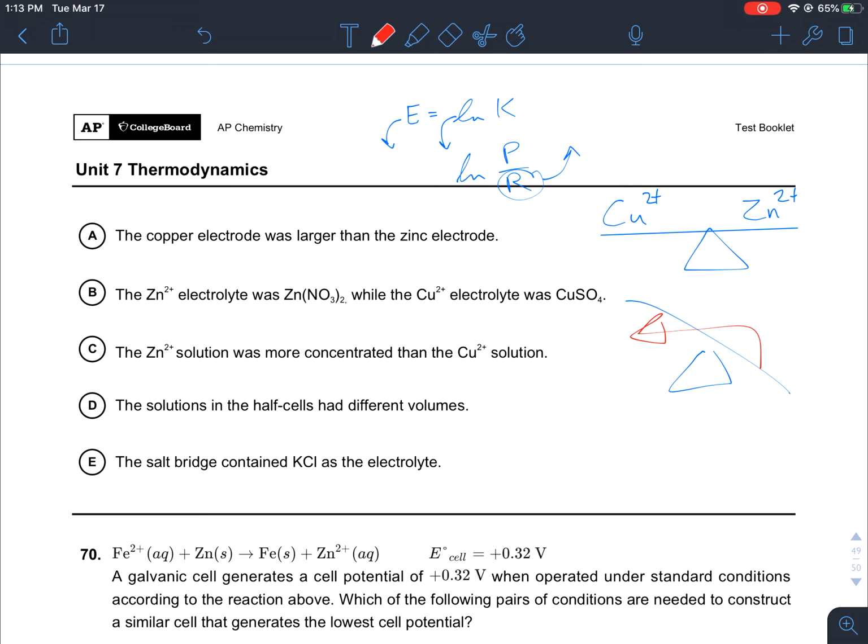More concentrated, that is correct. If you have more Zn2+ solution, that side gets heavier, so it creates more Cu2+. If it creates more Cu2+, you have more reactant than product, right? If you have more reactant than product, then your ln K goes down, and that means your E cell goes down. The correct answer is C. That's a good question. Very, very good question.